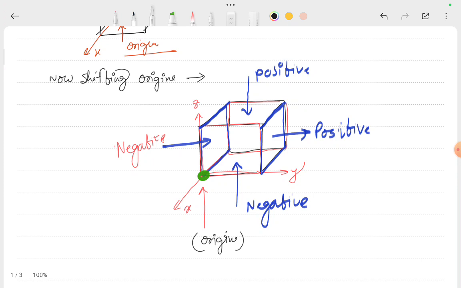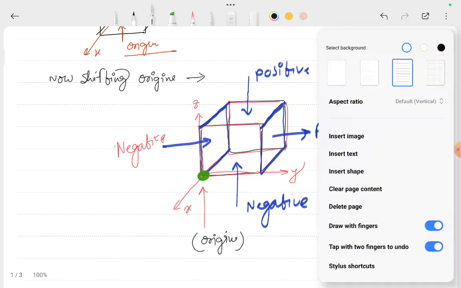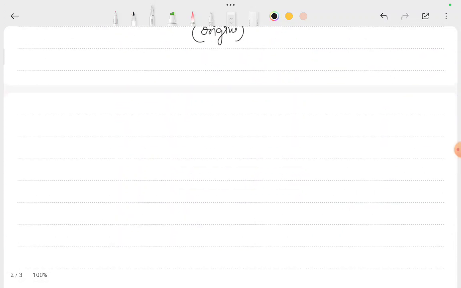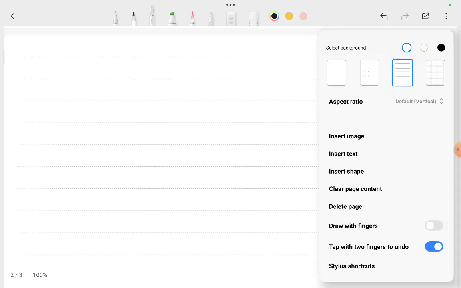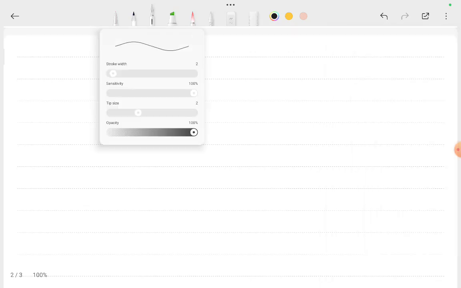This pictorial form is very useful for the next problems which we will solve. Now we sketch one by one example.